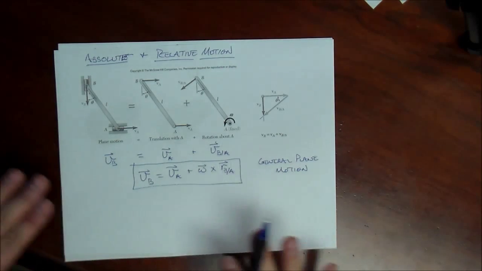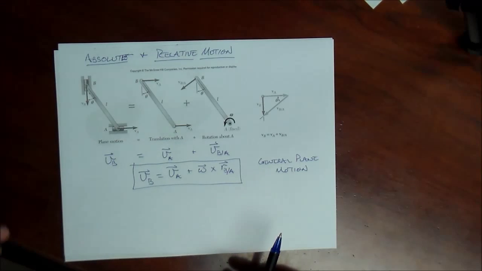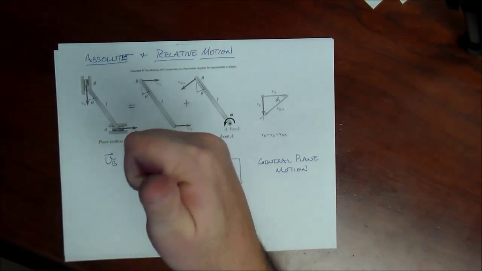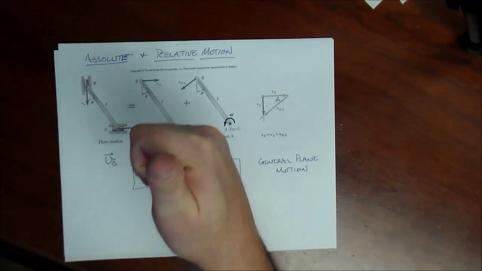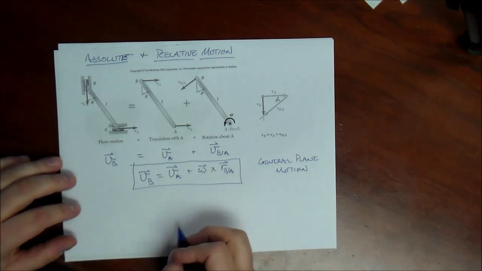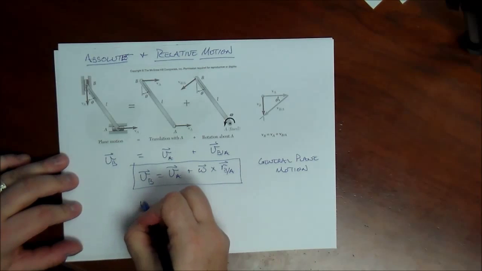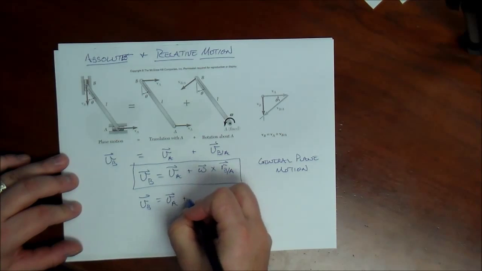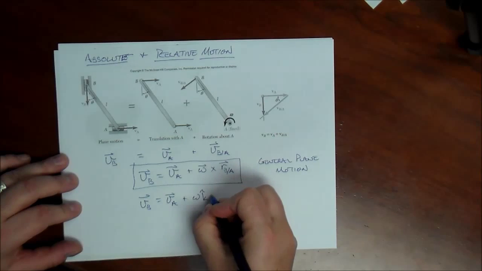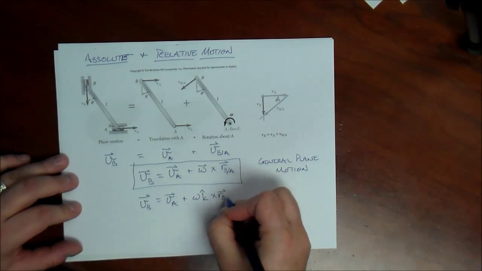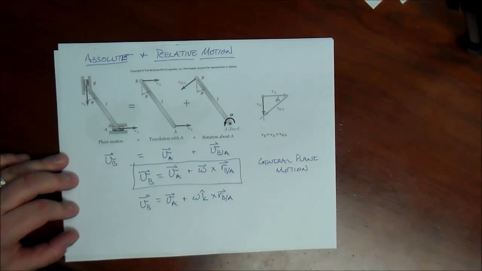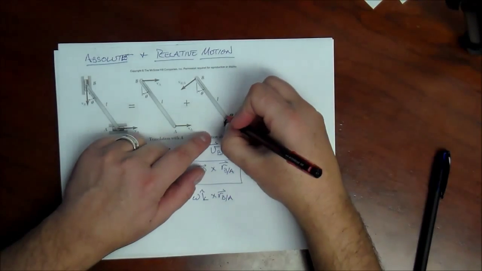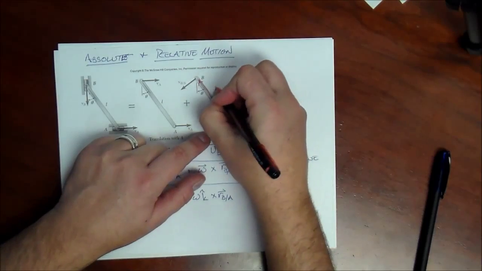Well, usually if we have motion in a plane, we can select the coordinate system such that that plane is the XY plane, so the axis of rotation is the Z-axis, right? And so we could write this more specifically as the velocity of B equals the velocity of A plus omega K cross R. And that's the position of B relative to A. So on this picture, that vector is this one.